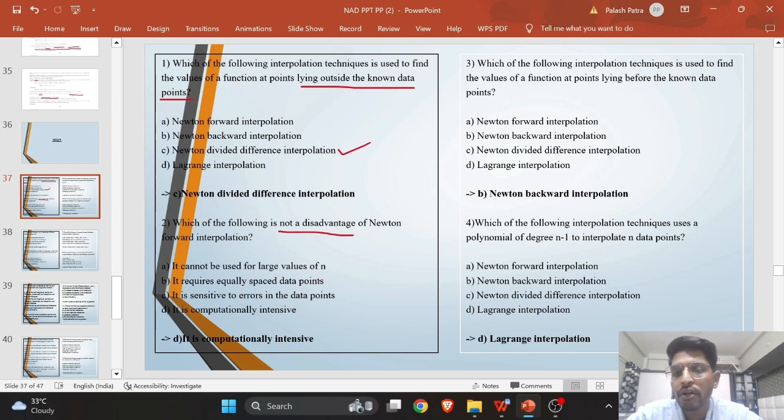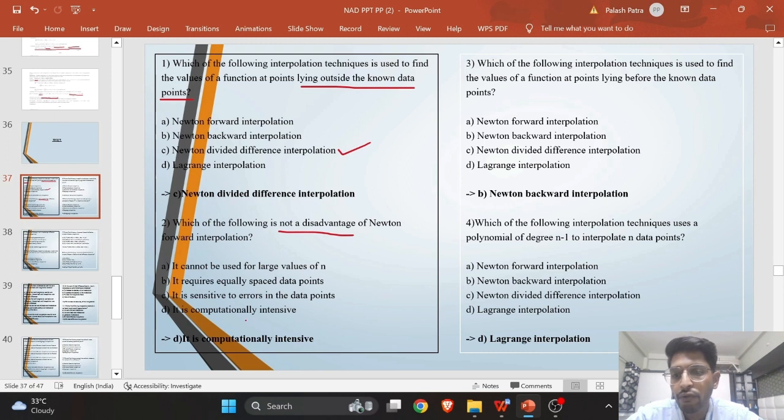This is also a disadvantage, as Newton forward interpolation only works on equally spaced data, and many times the data given to us is not equally spaced. The third option is it is sensitive to errors in the data points. It is also a disadvantage.